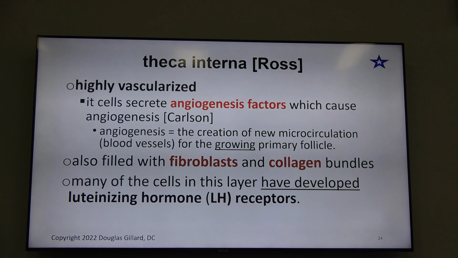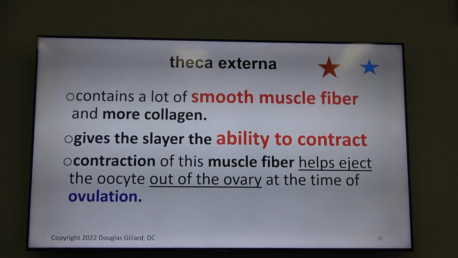And some of the other cells in this area are fibroblasts, and collagen is also laid down here. So it gives it some substance. It can protect a little bit, but blood vessels are kind of the key here. A lot of the cells in this layer have also developed their own receptors to LH. We'll see how that comes into play here in a little bit.